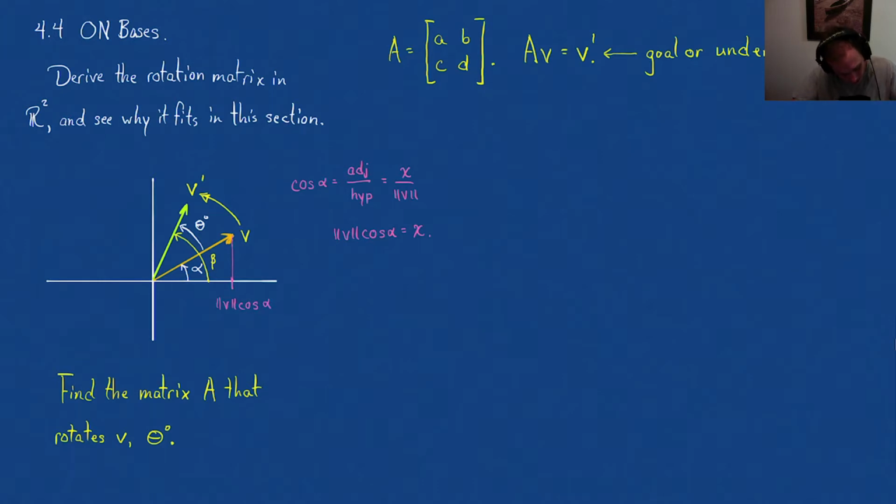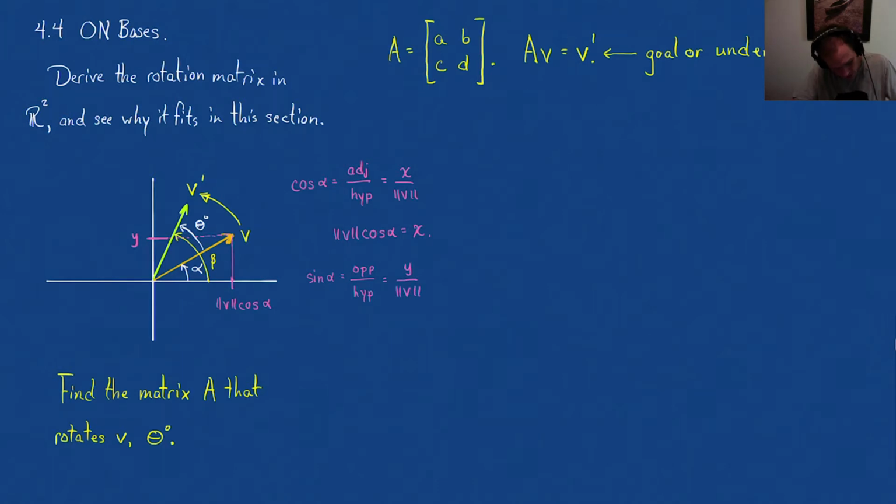And then if we track v back over here to the y-axis, well, what do we have? We could say that the sine of alpha is equal to the opposite divided by the hypotenuse. Well, we're trying to find some y value, so our opposite is the y length divided by the length of v.